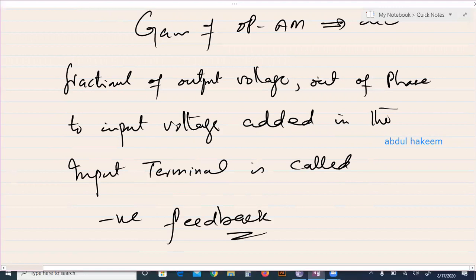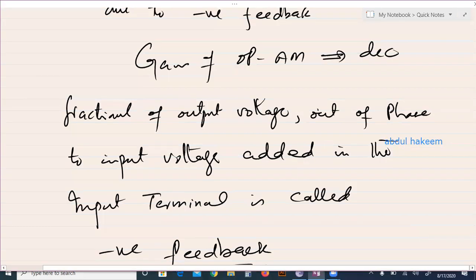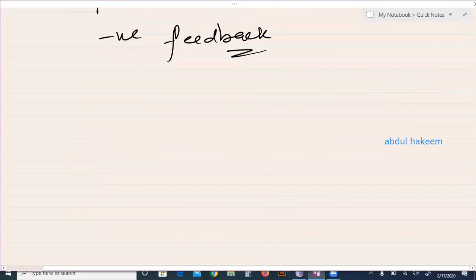So the negative feedback, fraction of the output voltage out of phase to the input voltage added in the input terminal, is called negative feedback. But due to the negative feedback, gain of the operational amplifier decreases.